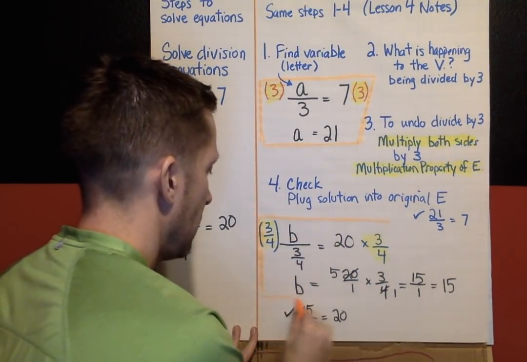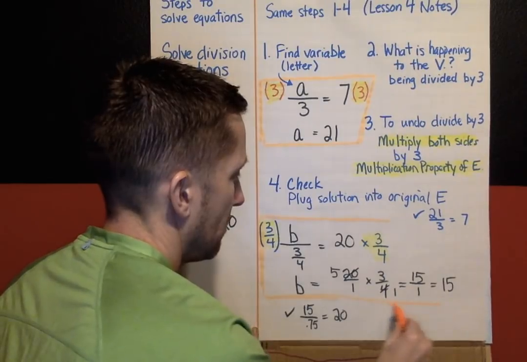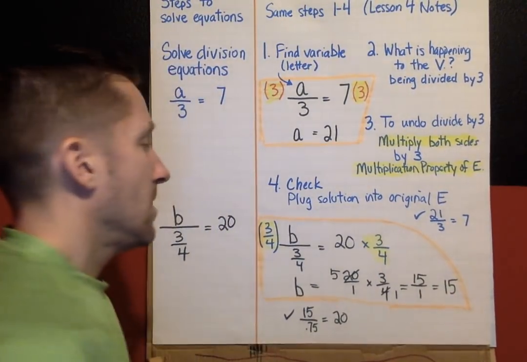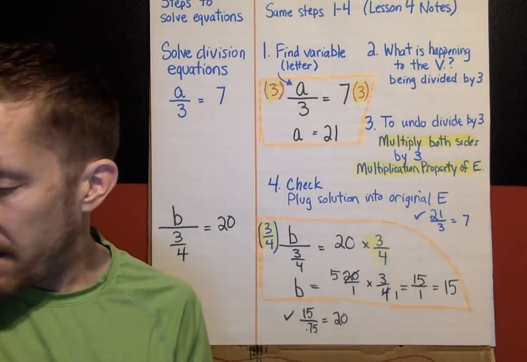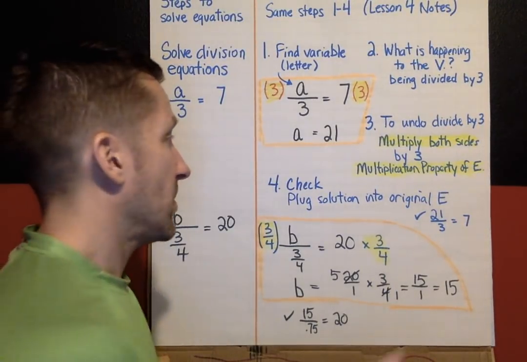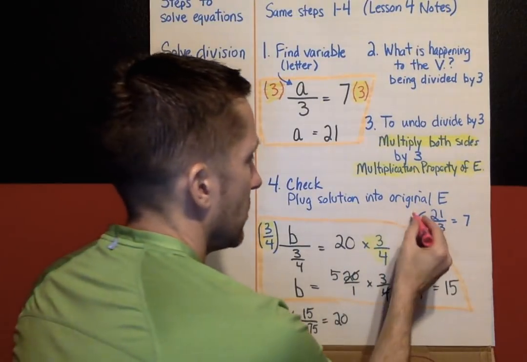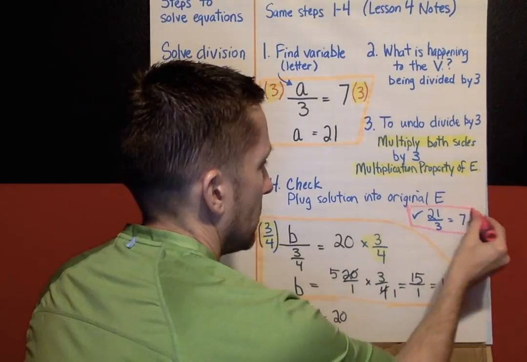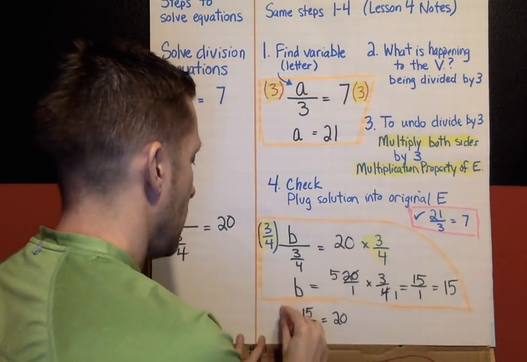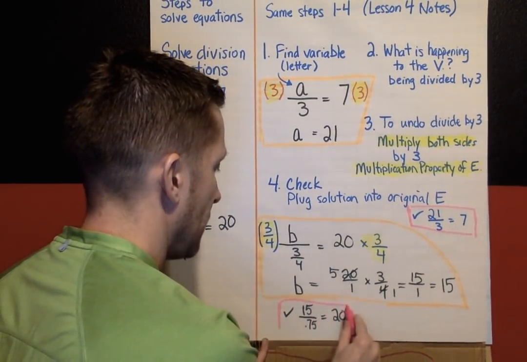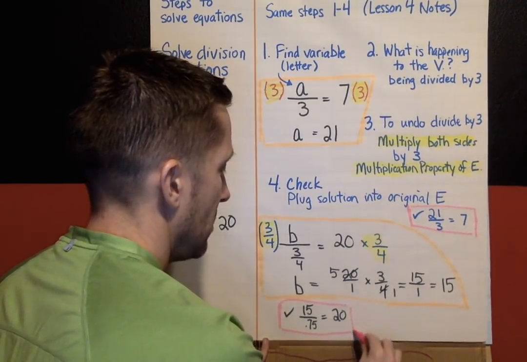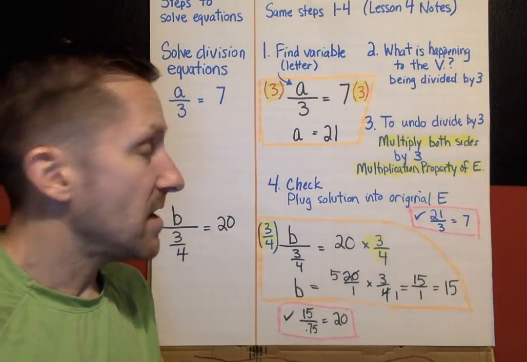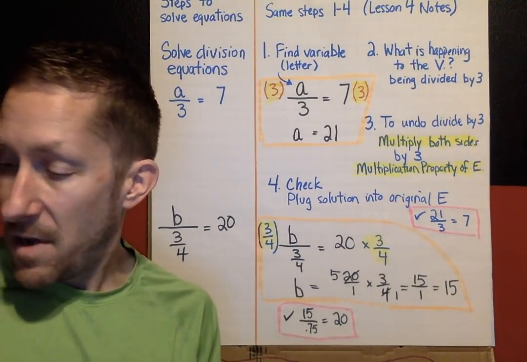You're showing that you're doing the same thing to both sides, and also don't forget the check. Okay, here was our check on the first example, and here was our check on the second example. Take your solution, put it back into the original equation, and see if it works.